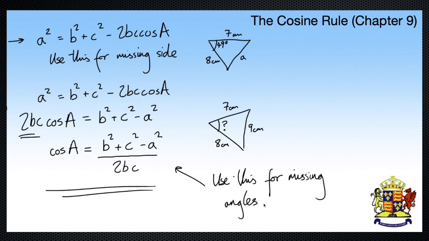Now, both formulas have one extra step. For sides, your final step is square rooting.